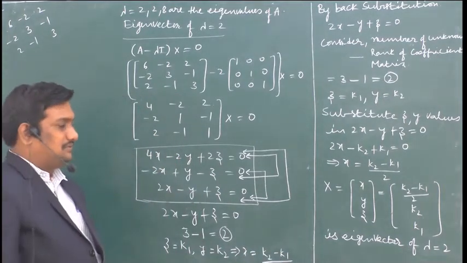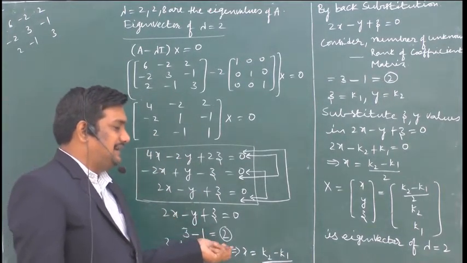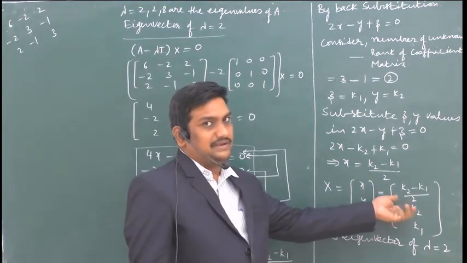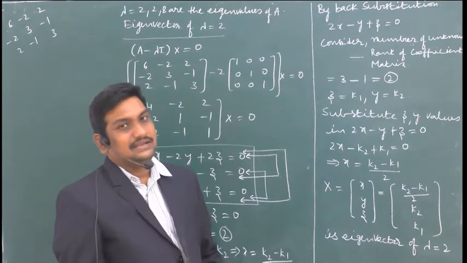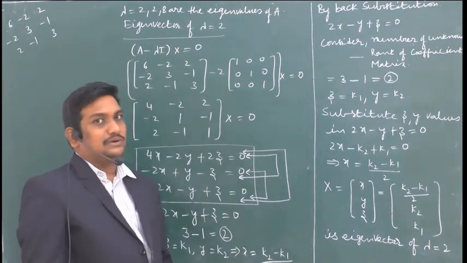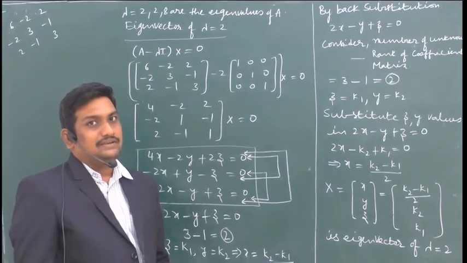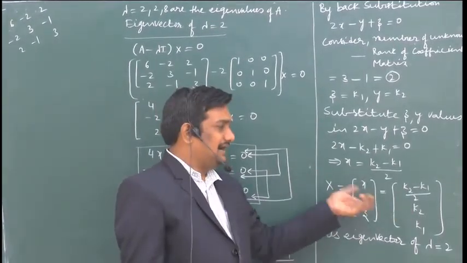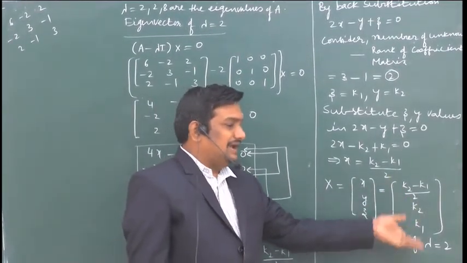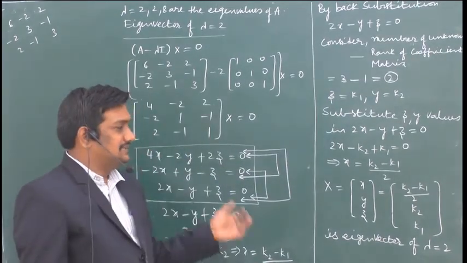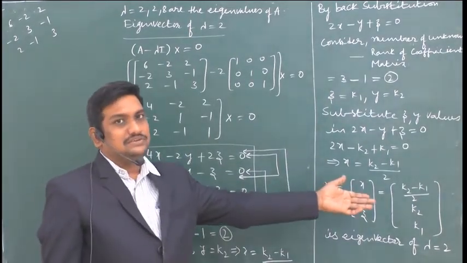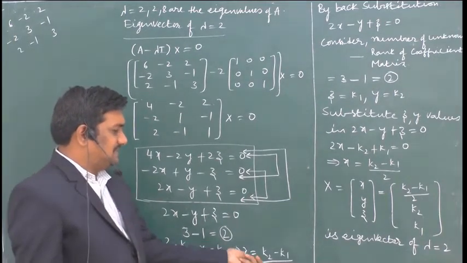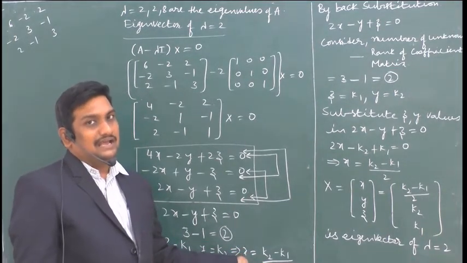So the final eigenvector will be capital X equals to xyz, that is (k2 minus k1) by 2, k2, k1. Here k1, k2 are arbitrary constants, and there can be any number of solutions here. So this is the other method to find the eigenvector.